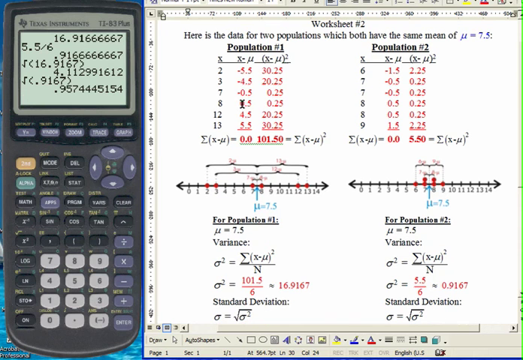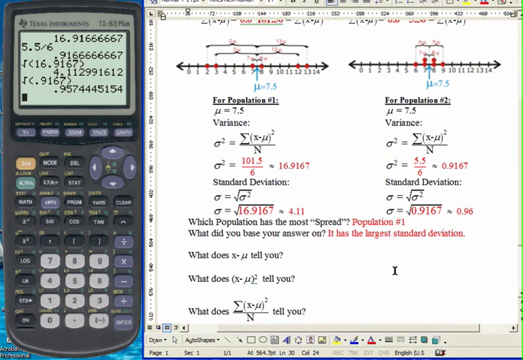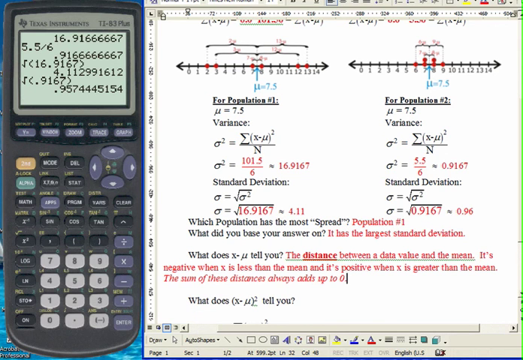Why are you doing this over here? Just for the fun of it? I don't think so. That tells you the distance between a data value and the mean. Notice it's negative when x is less than the mean, and it's positive when x is greater than the mean. And the sum of them always adds up to 0. So that's a nice little thing to tell that imaginary annoying friend of yours.